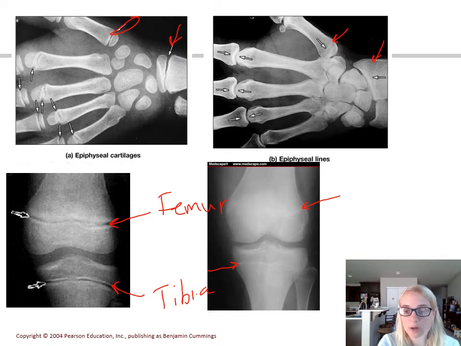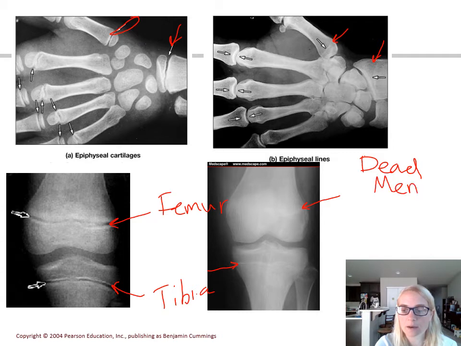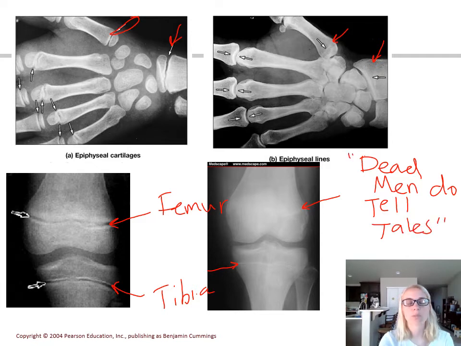If you want a good book on forensic anthropology, it's called Dead Men Do Tell Tales. So if you want a good book to read over the Christmas break and you're super interested in the skeleton and forensic kind of science.